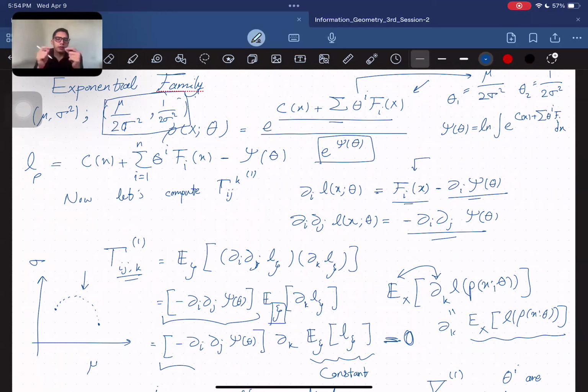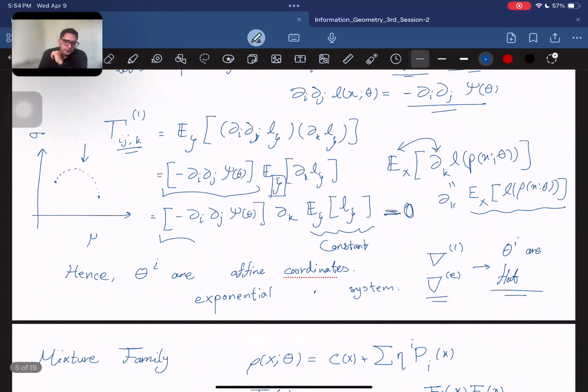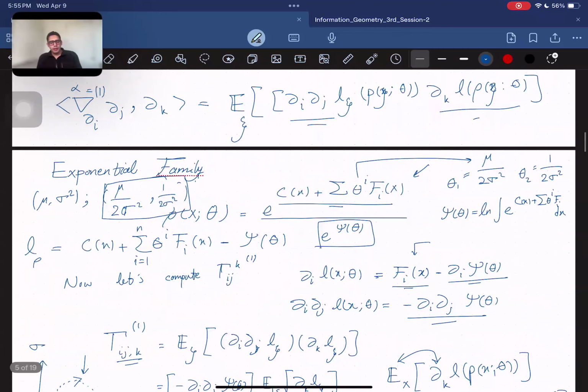reparameterization like a line. So if I look at the same geodesic from the perspective of our new system, mu over 2 sigma squared and 1 over 2 sigma squared, this would look like something like this line. So in order to have an optimization of finding the best maximum likelihood estimator, already we have something to offer.